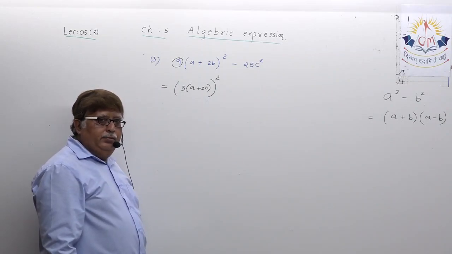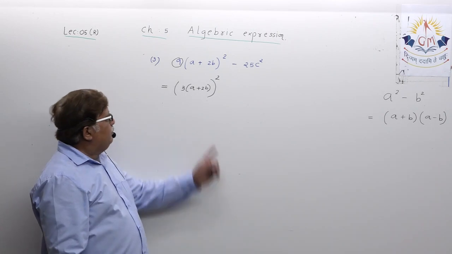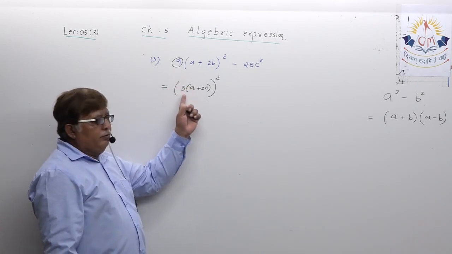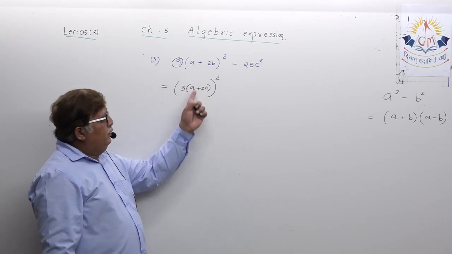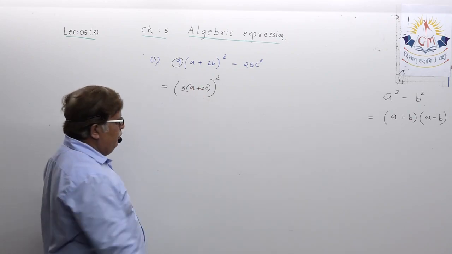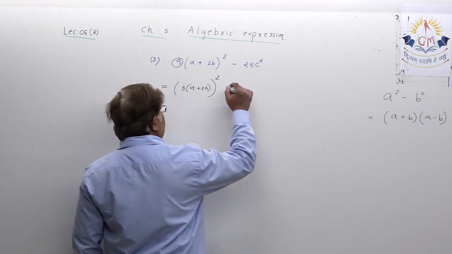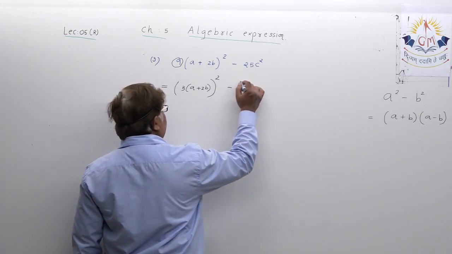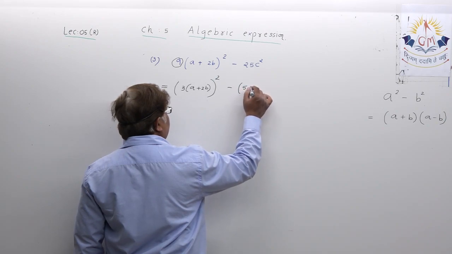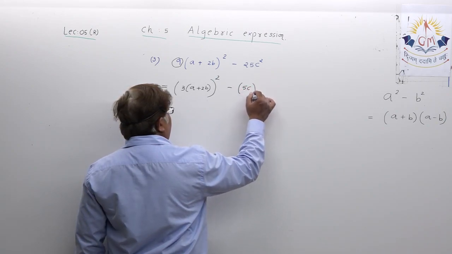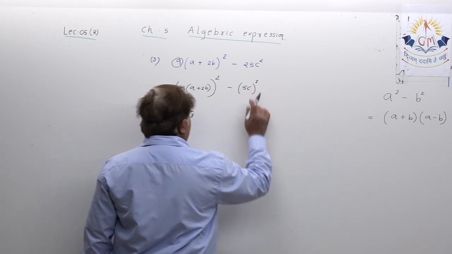A very important step. Square root of 9 is 3, bracket as it is, minus square root of this, 5c whole square.